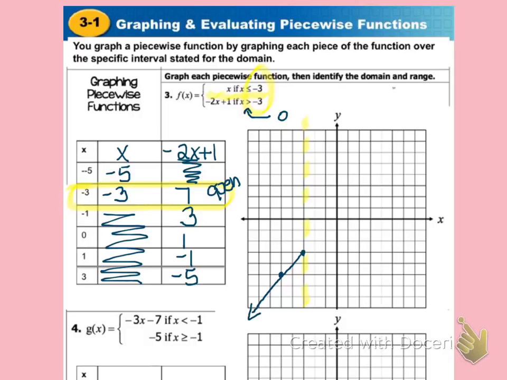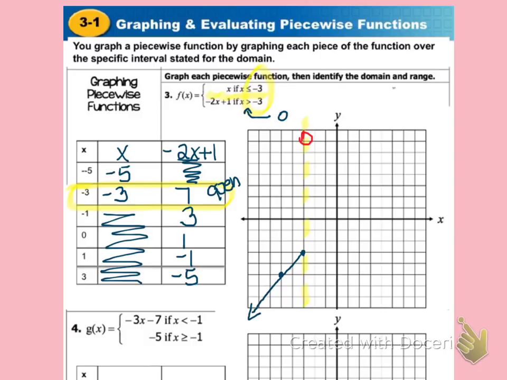So now I'm going to go on the other side of that boundary line, and I'm going to graph this other piece. I'm going to graph the point at -3, 7, which is right here. But notice I used an open dot because technically that point doesn't exist there. This graph doesn't actually start until just past that boundary line.